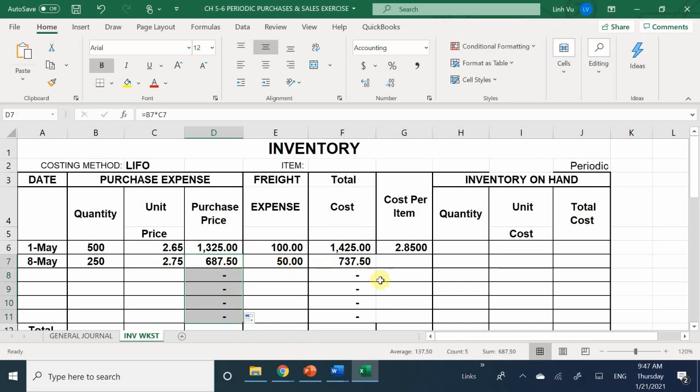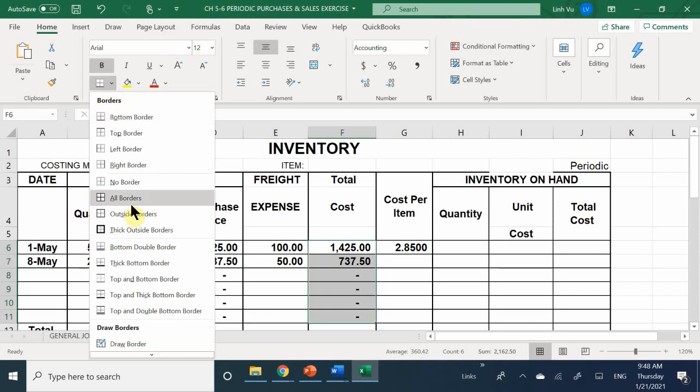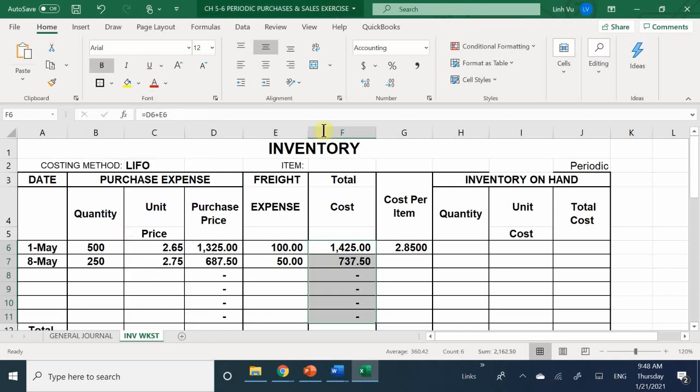Okay, and then what is my cost per item going to be? What did you say, Nilo? 2.95. Okay, good.